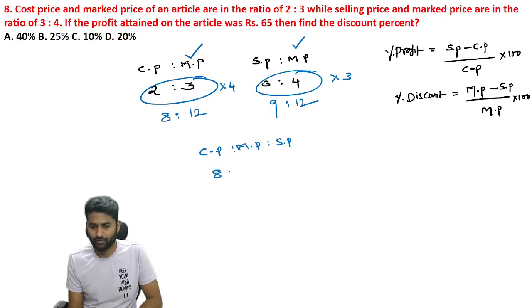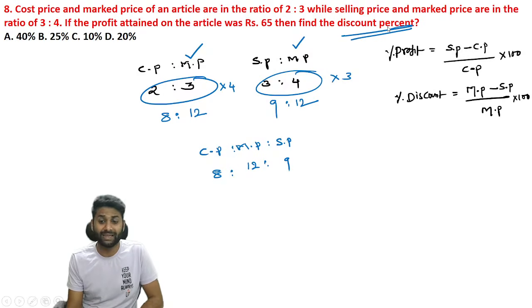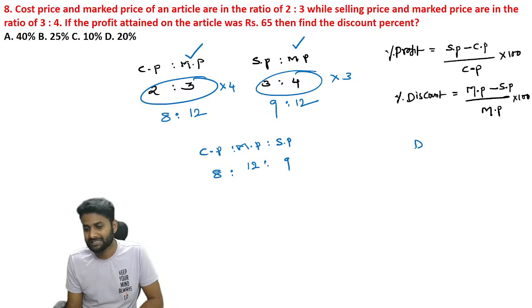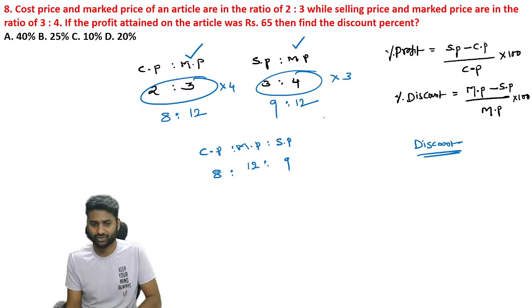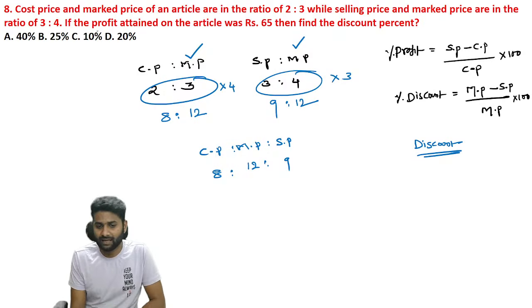So the number of units for cost price is 8, market price is 12, and selling price is 9 units. Now we need the discount percentage, not an amount. If it were an amount, you would compare with the profit of 65.